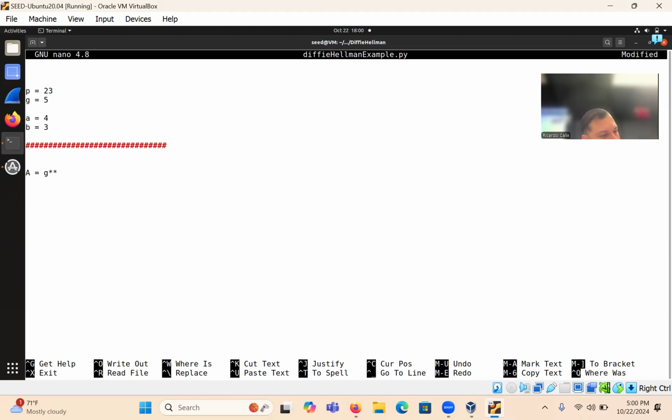So A is G to the A, mod, and then here, just 4, in parentheses. Mod was the same mod, percentage. P is 23.